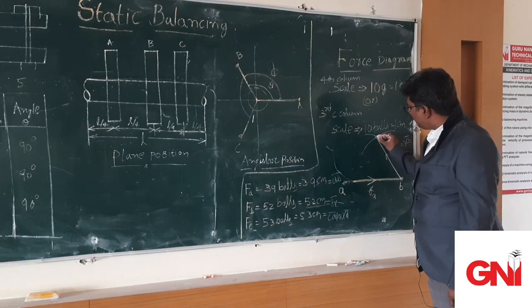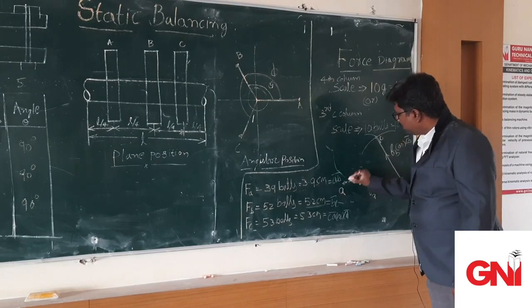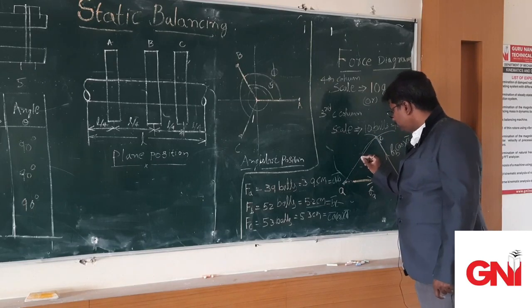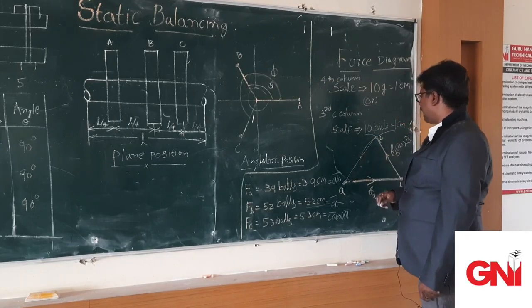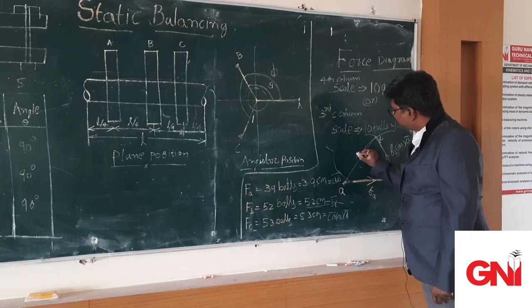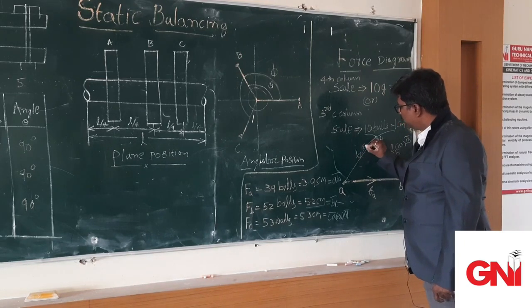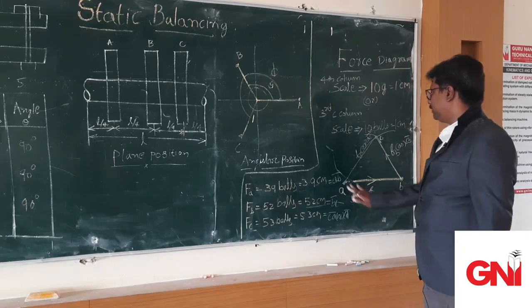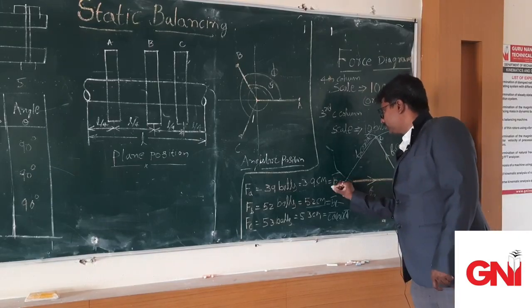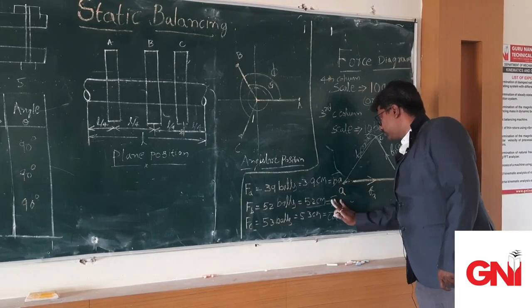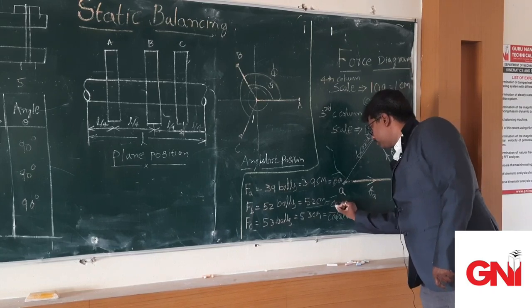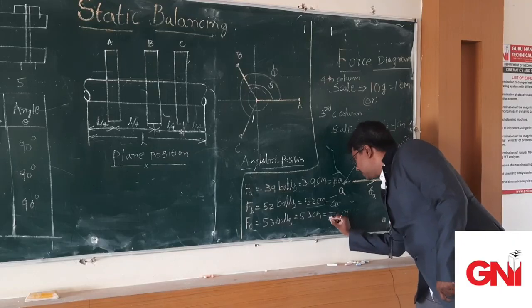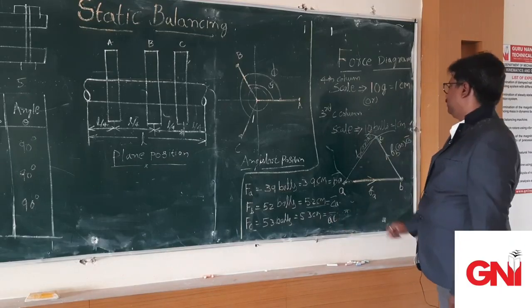Now when I join the C to A line, it represents the third vector's angular position, that is the FC or AC vector. AC vector, right.